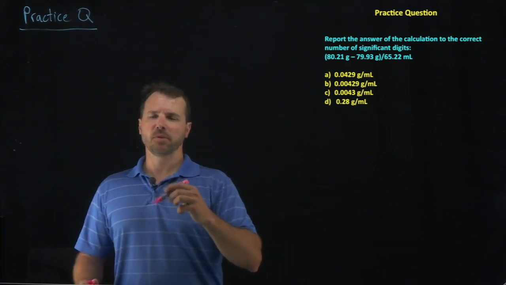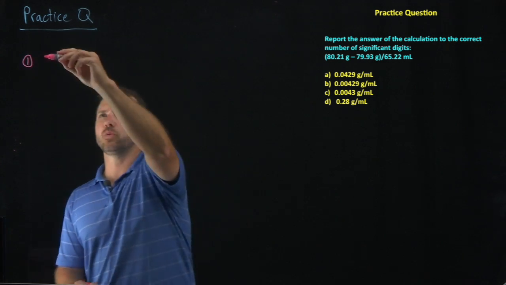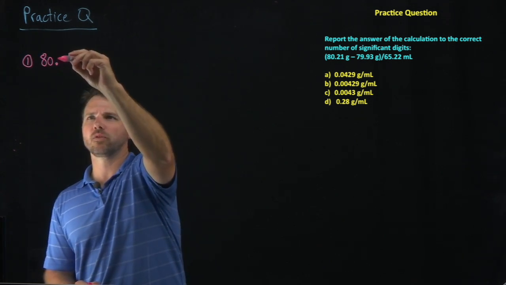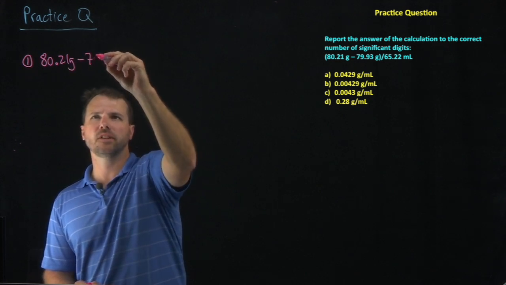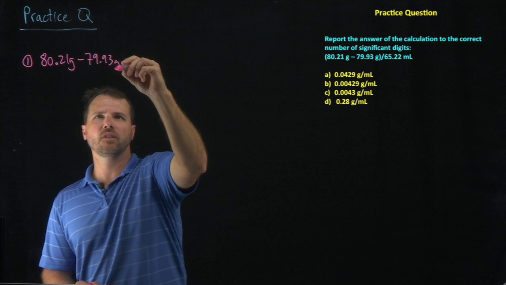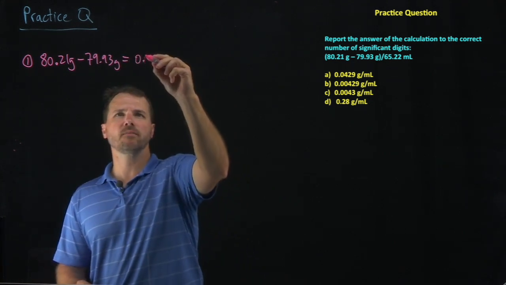So the first step, I would take the 80.21, and we're going to subtract the 79.93, and you should get 0.28.